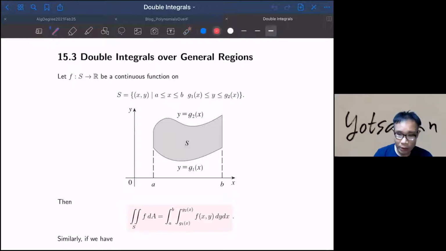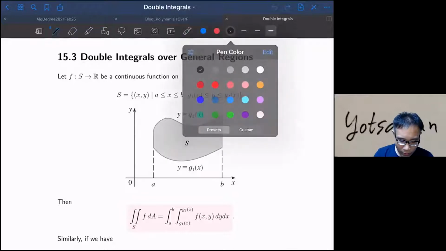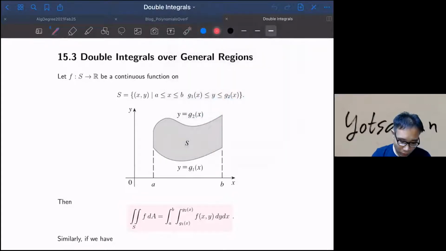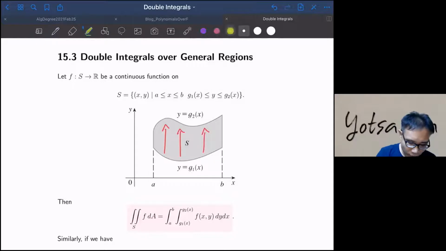So you're going to run the variable y, from the bottom curve to the top curve. Let me put some colors in. You have the yellow curve down here, and you have the top curve up here.